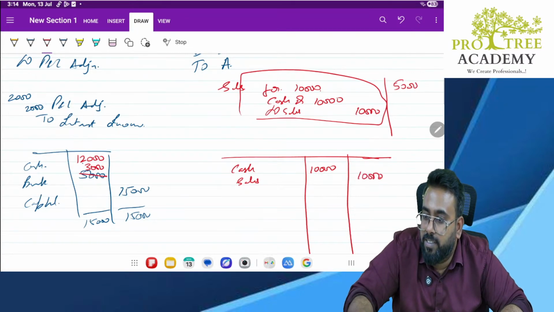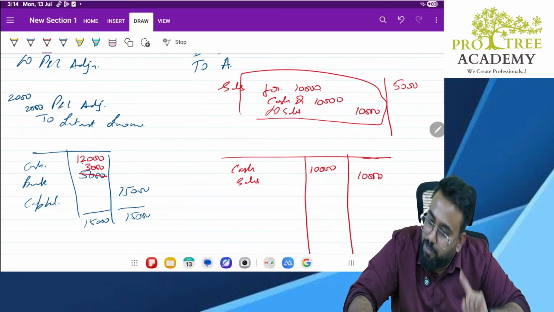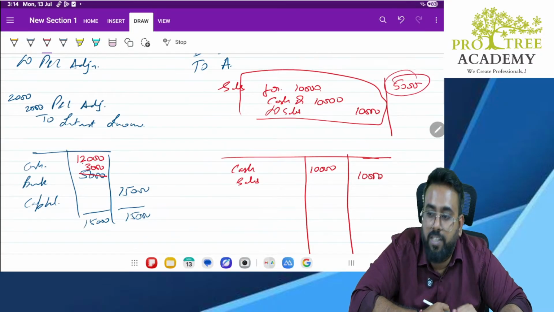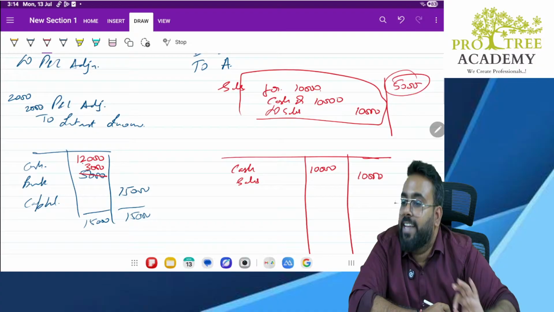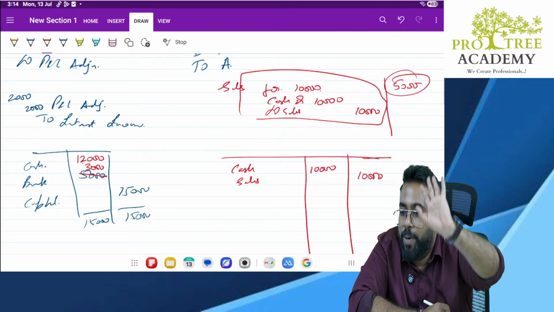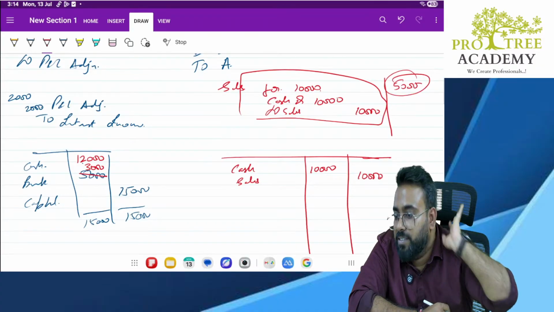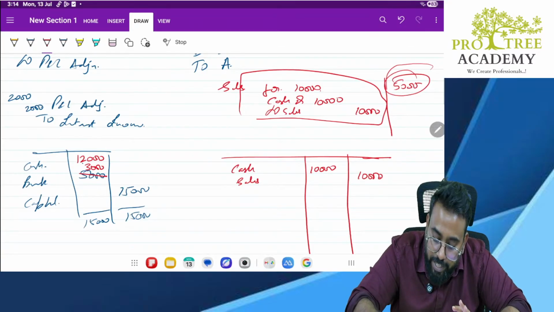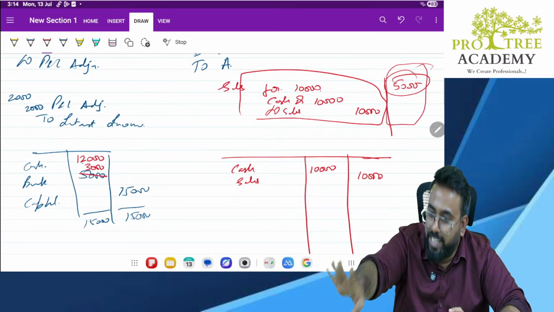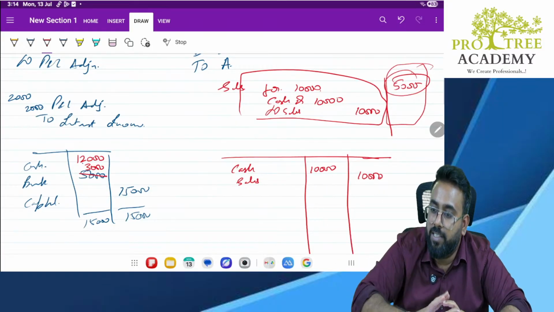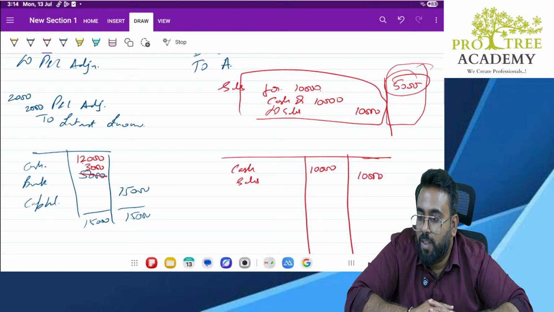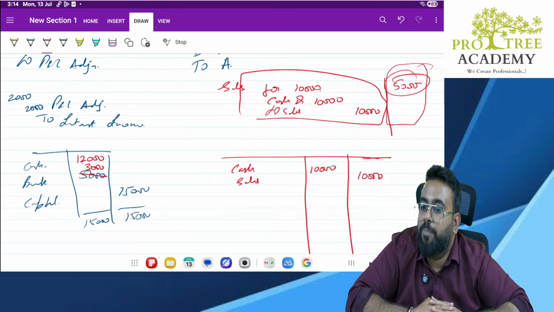Is there any difference? No. But have I made an error? Yes. What is the error? Error of omission. So error of omission cannot be identified by preparing the trial balance. If I had not given you this information, would you think anything is wrong with this trial balance? No. You will feel everything is correct. So error of omission cannot be found out by trial balance.